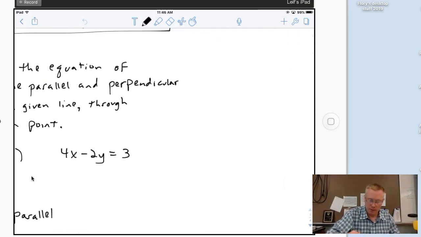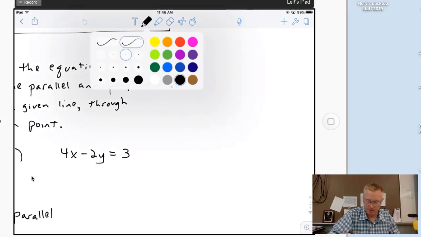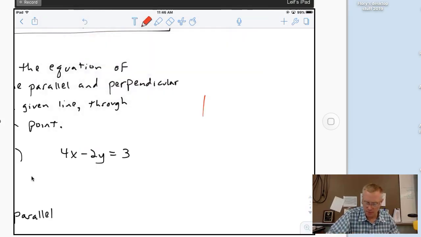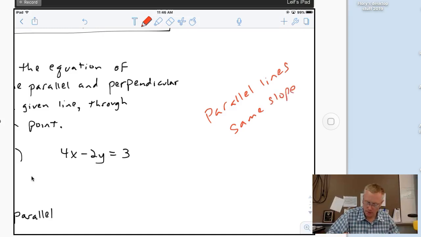Hopefully you remember that parallel lines have the same slope. This is parallel, those two double lines. I'll write the words out. Parallel lines, same slope. Perpendicular lines, slopes are negative reciprocals.